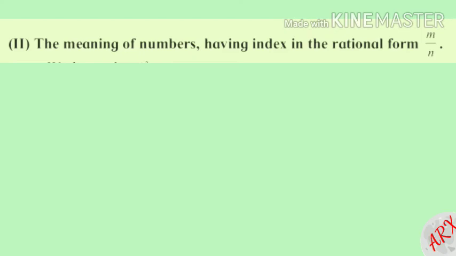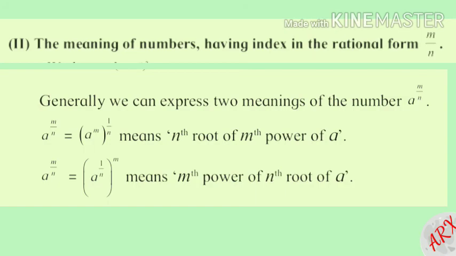Now we will see the meaning of numbers having index in the rational form m upon n. Generally, we can express two meanings of the number a raised to m upon n.